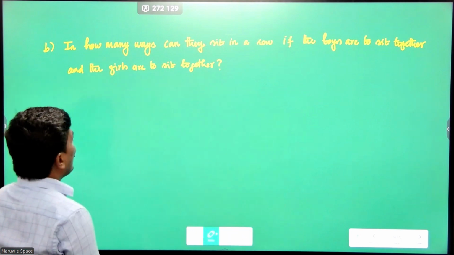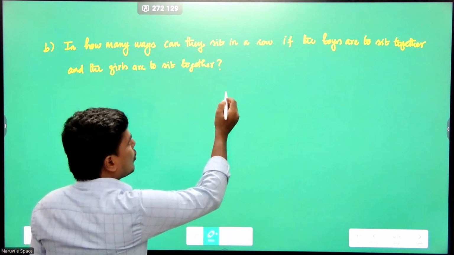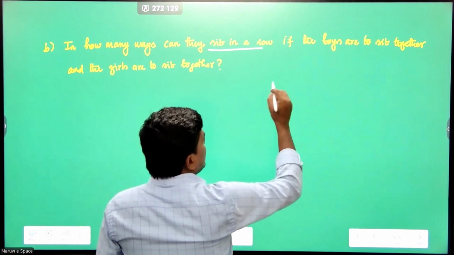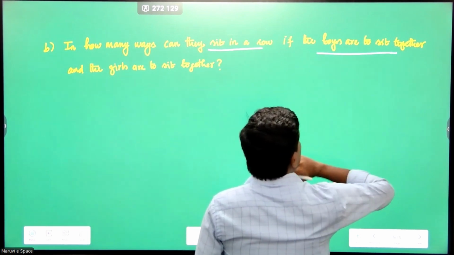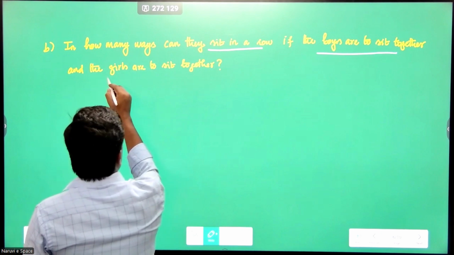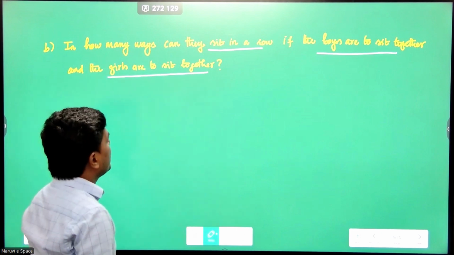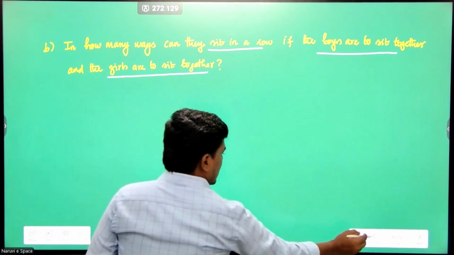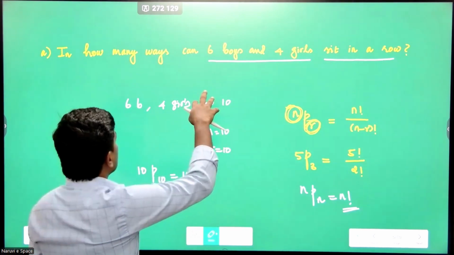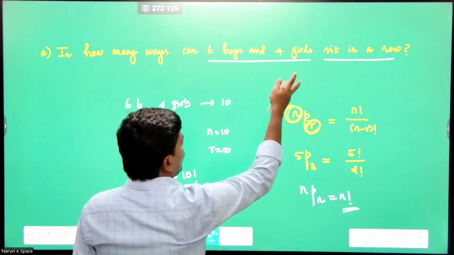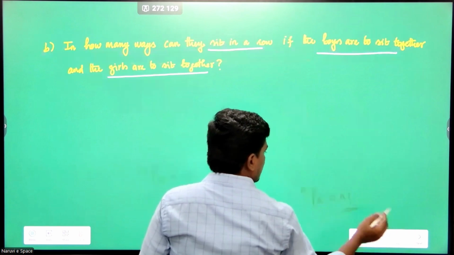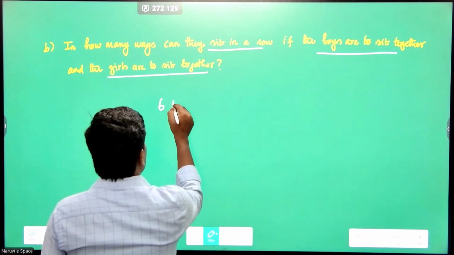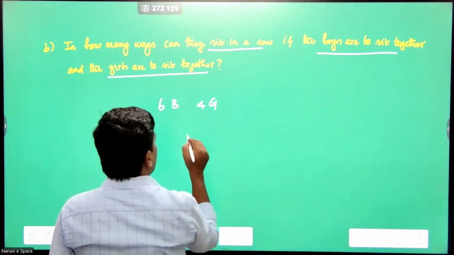The next question: in how many ways can they sit in a row if the boys are to sit together and the girls are to sit together? It is a continuation of the previous question. 6 boys are there, 4 girls are there.